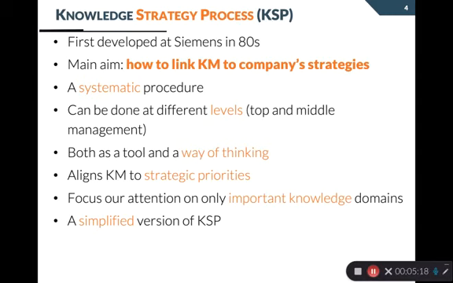Rather, it's just the management of the important knowledge domains. Organizations may have 100 areas of knowledge already developed in-house, but not all of them are important. And KSP forces us to focus on the important ones.